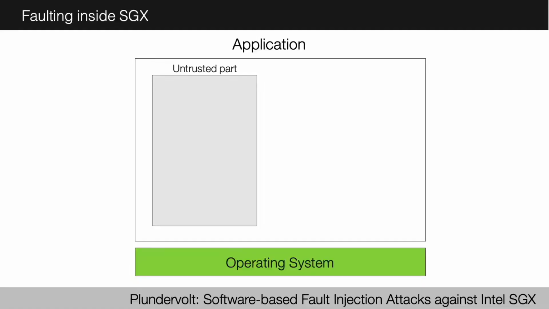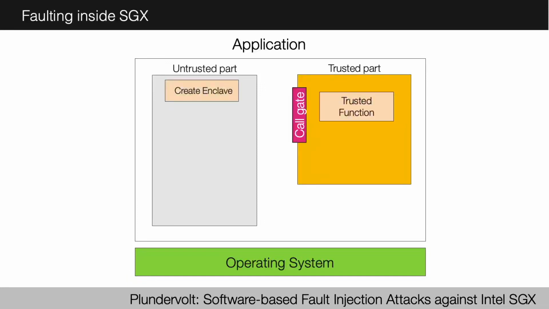You have an untrusted or normal user space part of an application. It will create an enclave, and that will create a trusted portion which is encrypted. And this encryption is supported by hardware. When you call the trusted function, it will go through a call gate into the trusted portion, and you have to define what your inputs will be very carefully.